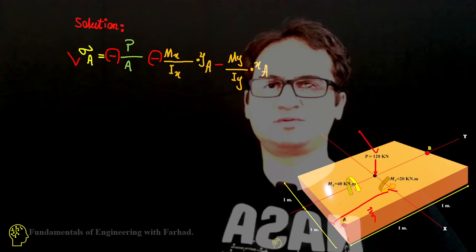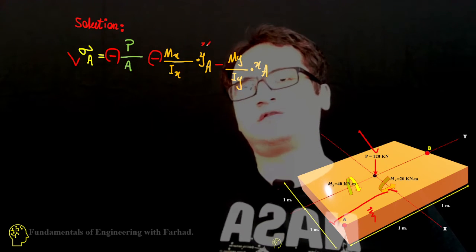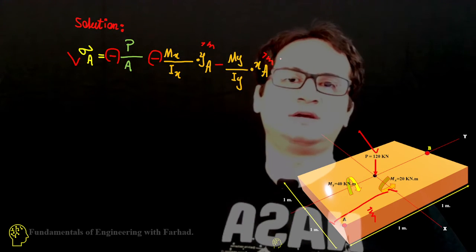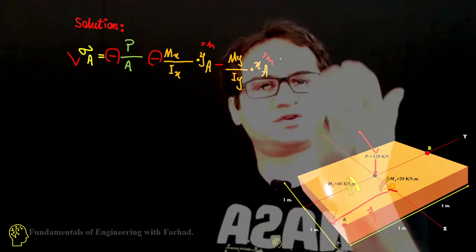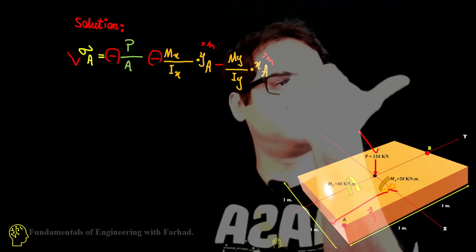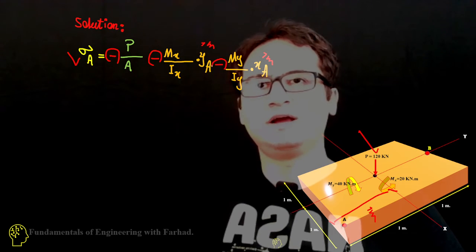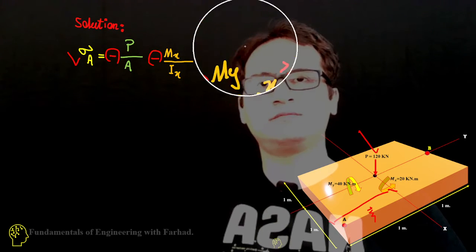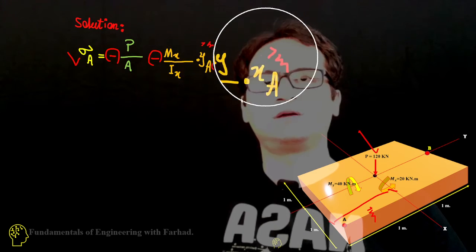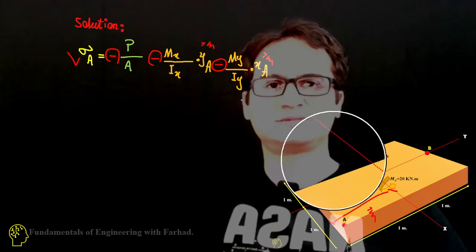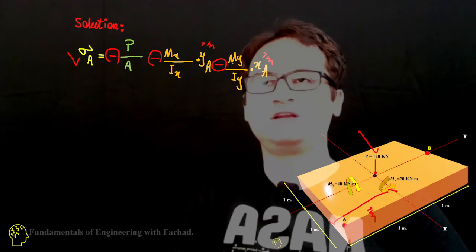This is a square, so each dimension is 1 meter. And for My, it's again a push at point A, so that's negative: My over Iy times xA, which is again 1 meter.